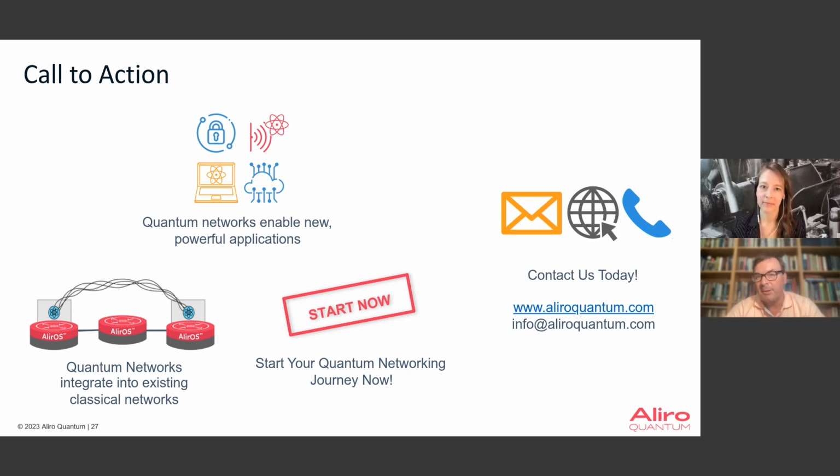On the quantum side, there are a few specific requirements for the classical network, which I discussed in the beginning of the seminar. First of all, you can continue to use normal telco fiber that's already in the ground, but there are new distance limitations. And there are also some limitations on what types of components can be present in those links.